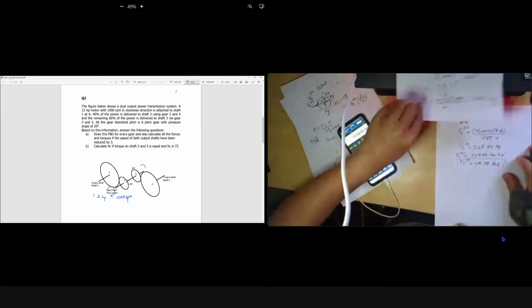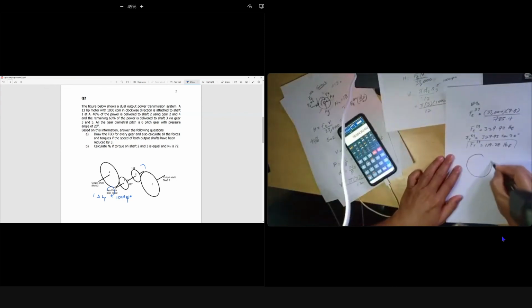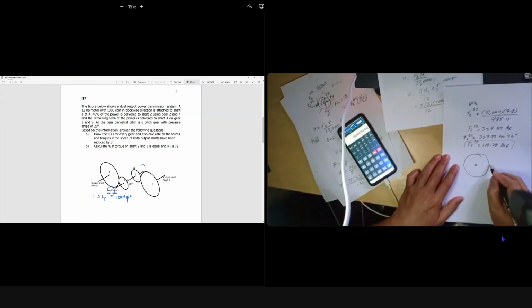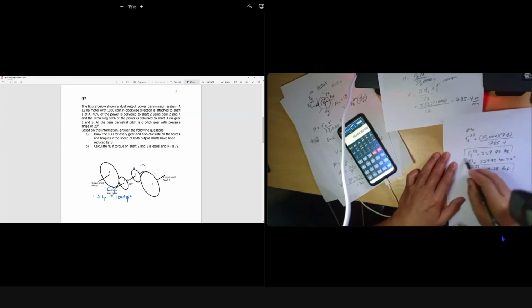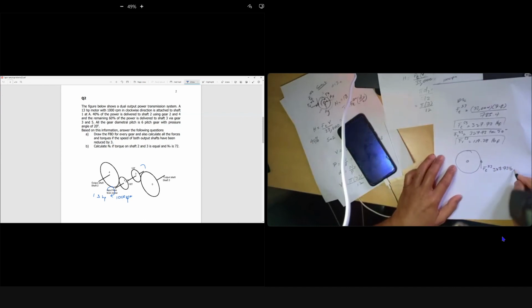Okay, so your free body diagram just now, your free body diagram of gear 3. From gear 5, you have F tangent upward. F tangent 53 is this value, 327.73 pound force.